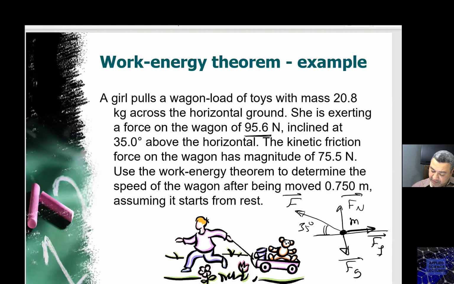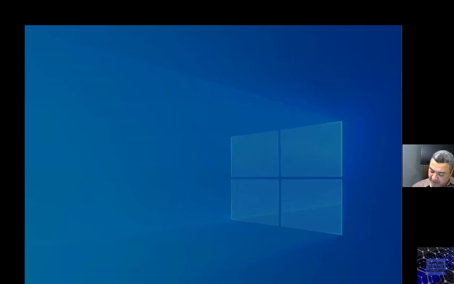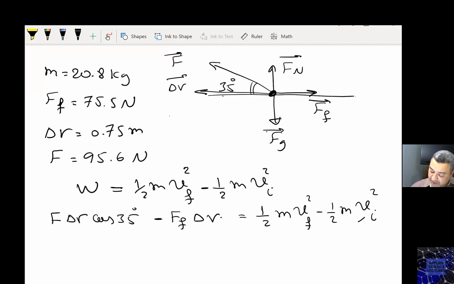We know that the wagon starts from rest, which means that vi is 0. So I need here to substitute and solve for the velocity.